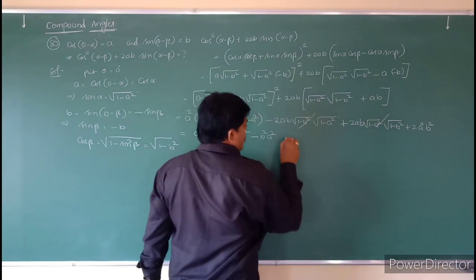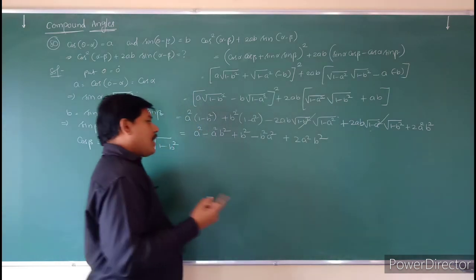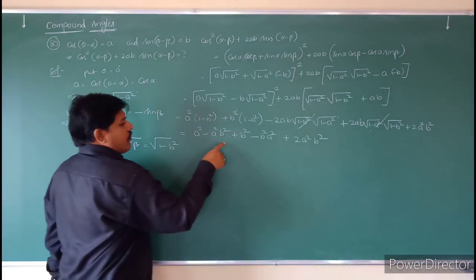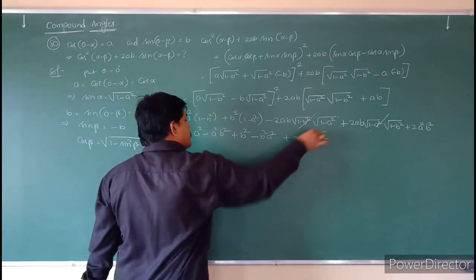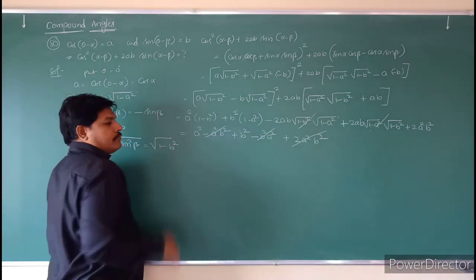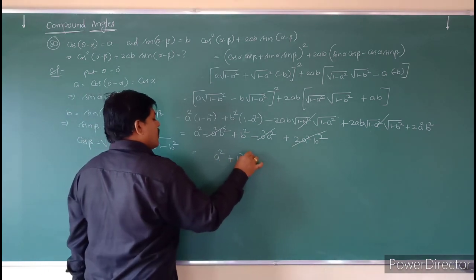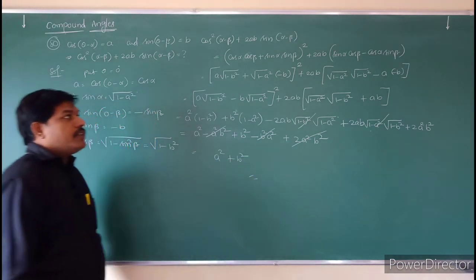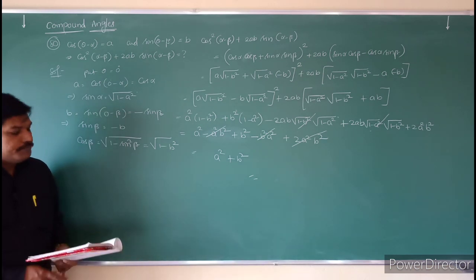This term was already cancelled. This is 2a square b square. So what happens? Minus a square b square minus a square b square is minus 2a square b square, and plus 2a square b square will be cancelled. So the final answer is a square plus b square. See that question, students, and practice that question.